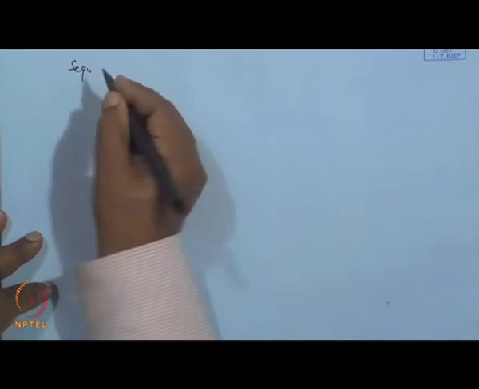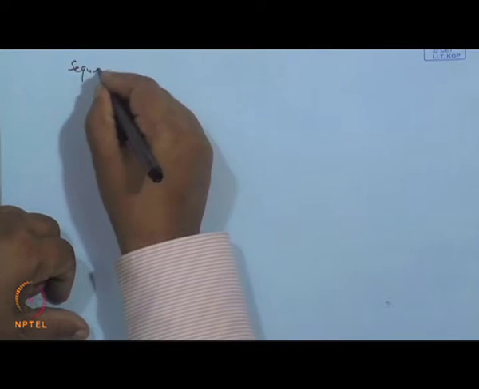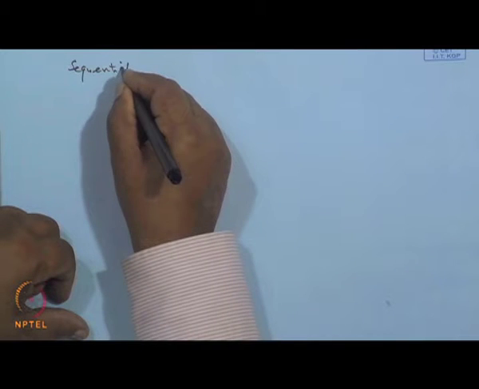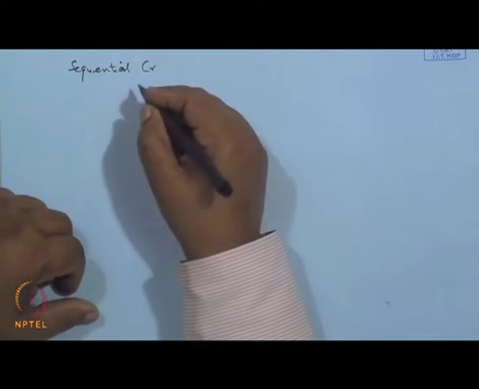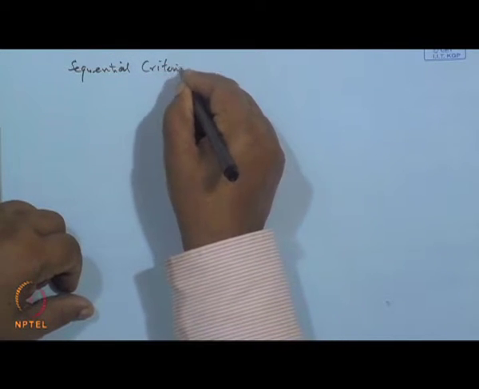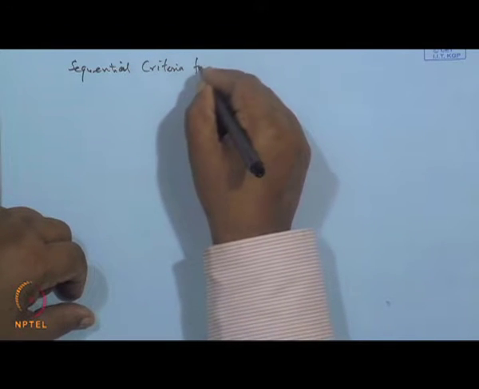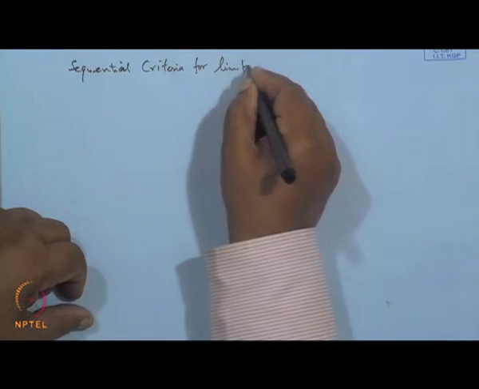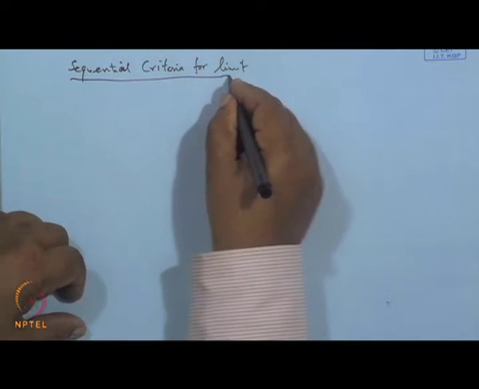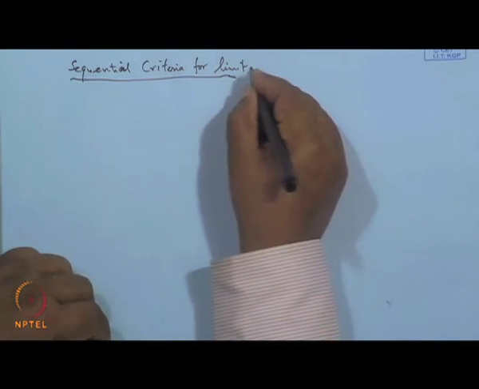Now, there is another way of defining the limit, that is the sequential definition of the limit, the sequential criteria for limits of functions.